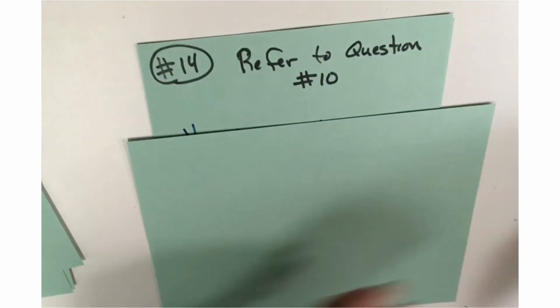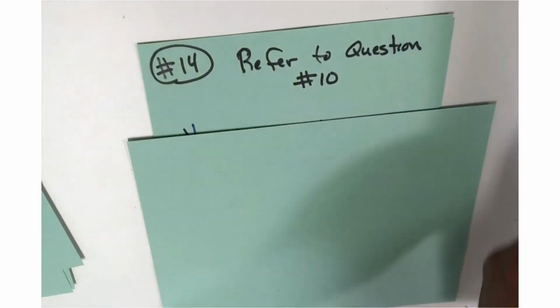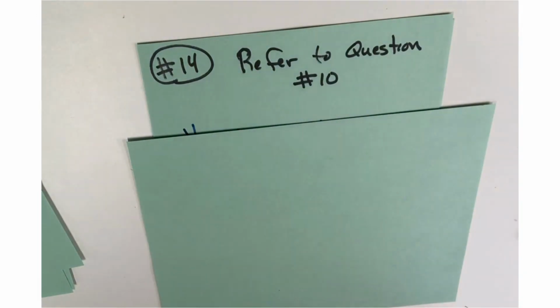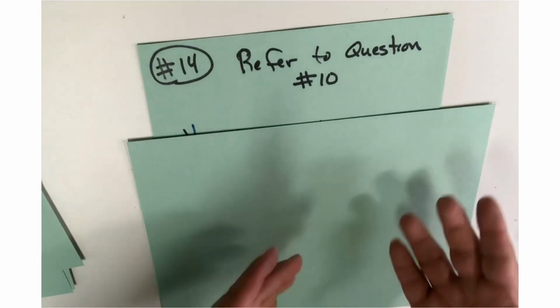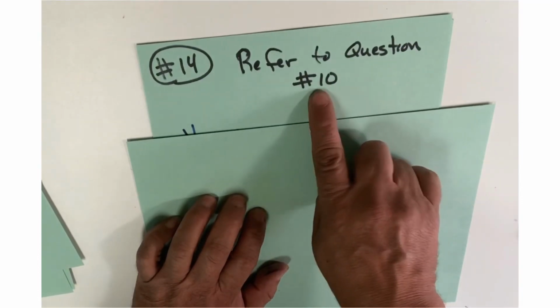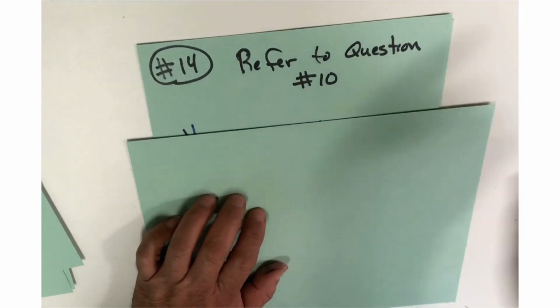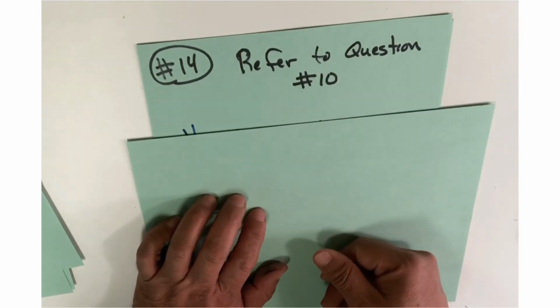Turn the page, and here's our last page. We are almost done, huh? Number 14 is going to ask you to refer back to the table in question number 10. This is exactly the same as number 10. So on your paper, write, refer to question 10. This time in question 14, it's asking for the standard deviation.